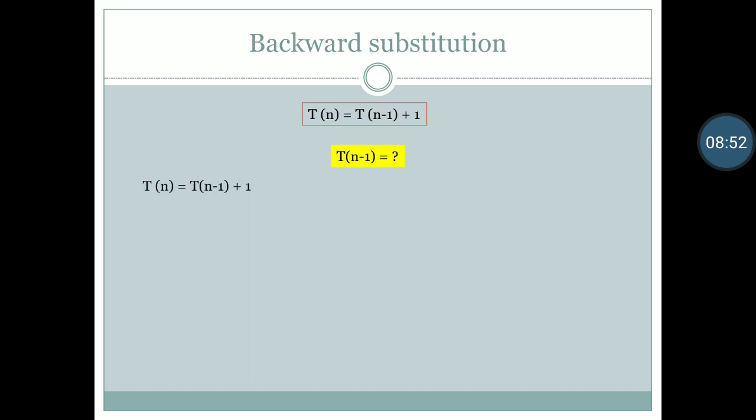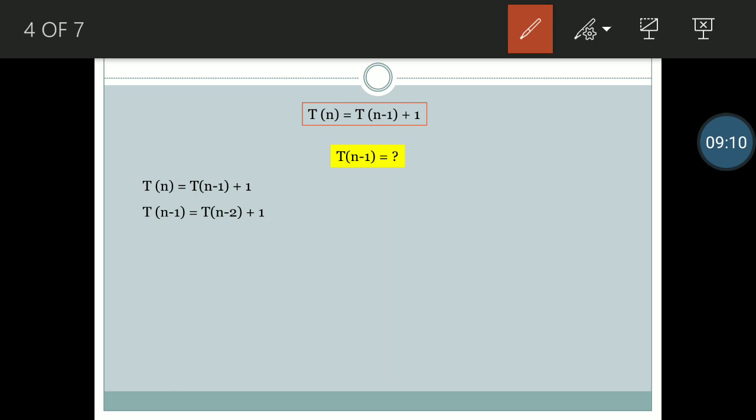So for getting the value of Tn minus 1, let's consider this thing. If Tn is equal to Tn minus 1 plus 1, then we can say Tn minus 1 is equal to Tn minus 2 plus 1. Is it okay or not? Again, if Tn is equal to Tn minus 1 plus 1, and we write n minus 1 instead of n, then this will be Tn minus 2 plus 1.